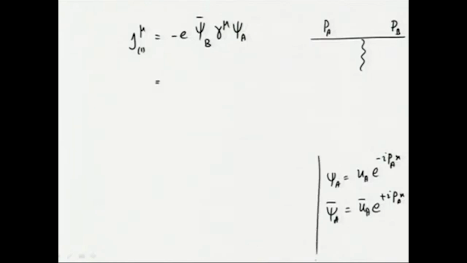Keeping that in mind, we have minus e u b bar gamma mu u a and exponential minus i (p a minus p b) x.